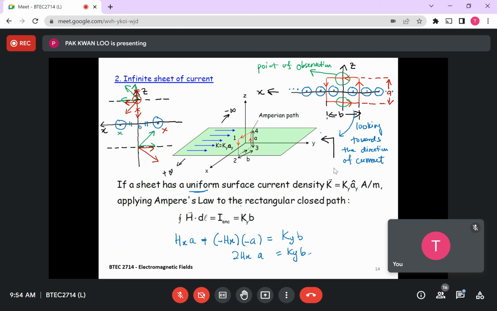How we find the current enclosed is that the surface current direction is multiplied by the path length passing through the defined Amperian path, which is this length here, B. So that represents the current enclosed.